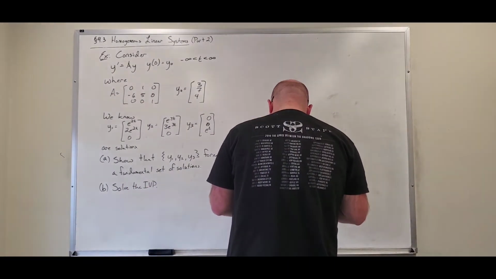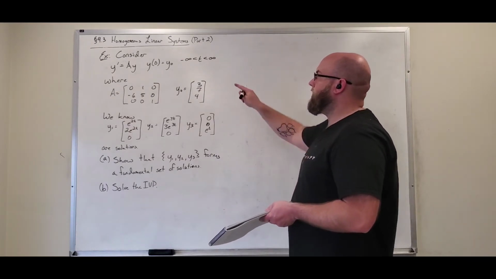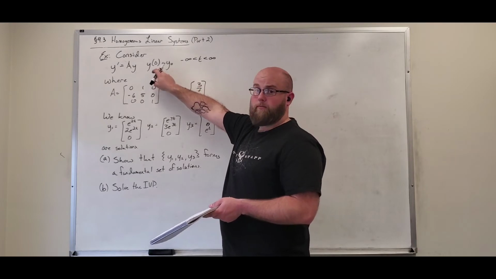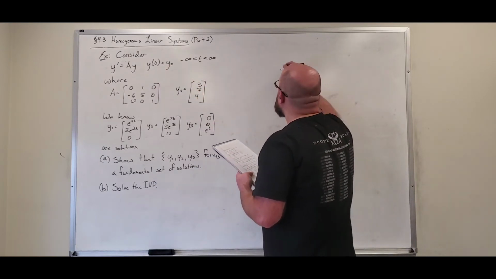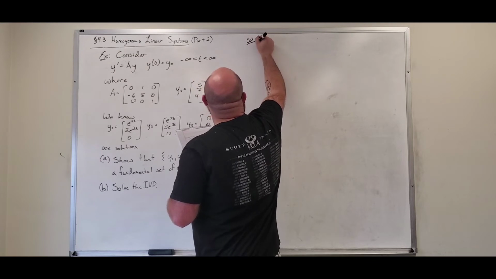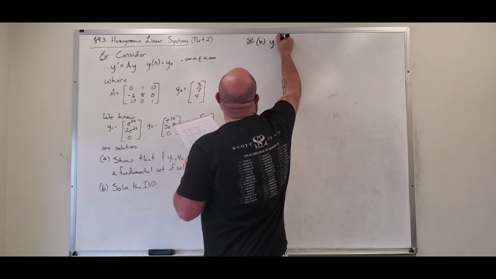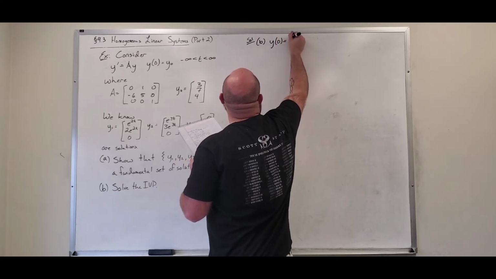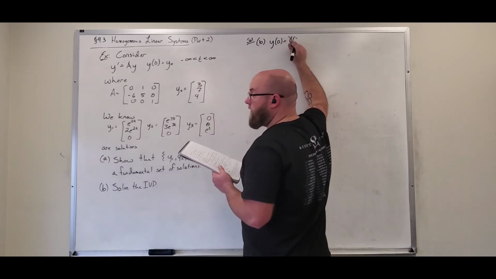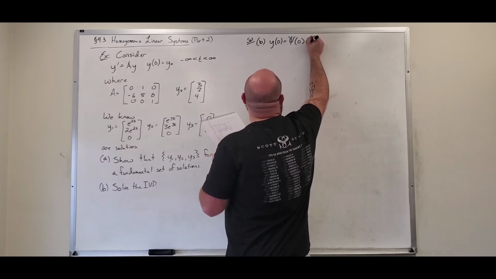So, we want to solve the IVP for when t is equal to 0. So that's the big thing. So this is part B. All right. So we have y of 0 is equal to psi, this fundamental matrix evaluated at 0, times c.